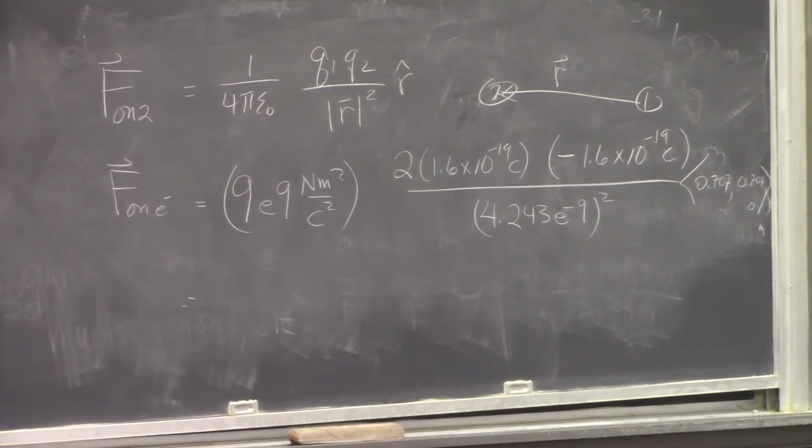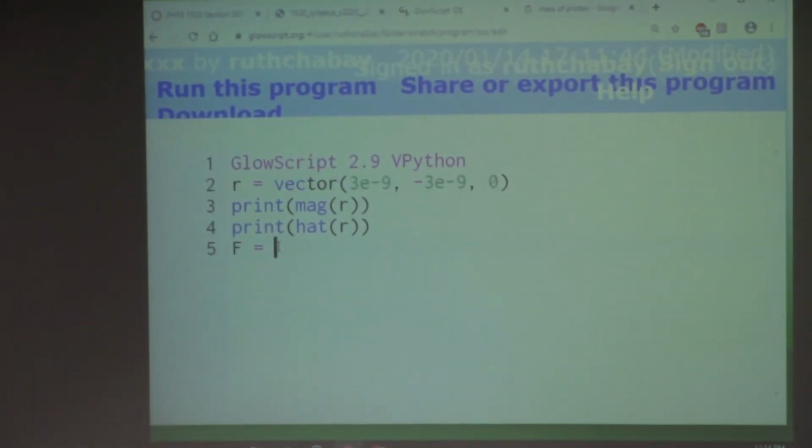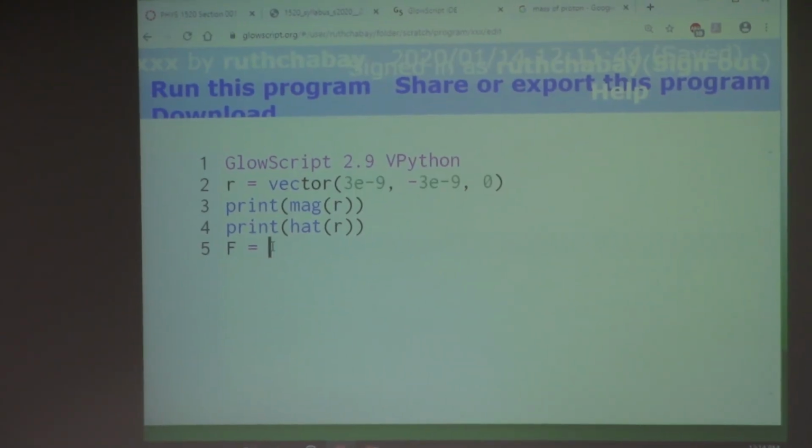And let's define some constants. QE is 1.6 times 10 to the minus 19 coulombs. 1 over 4 pi epsilon 0 is 9 times 10 to the 9th.